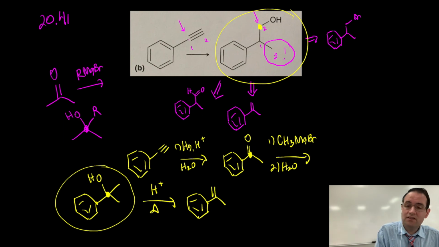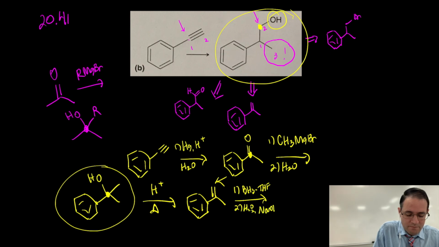And then now I see the relationship. I need an alcohol at this carbon here, so I'll now treat this with the hydroboration procedure. And that will get me the target molecule.